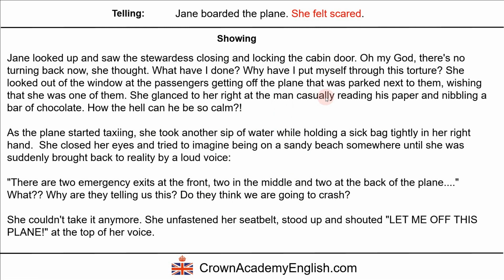I think we can really visualize Jane on the plane here in a complete panic attack, basically. Whereas this version, there is no drama really at all, is there? We're just simply saying she felt scared. And even if we said she felt terrified, then it doesn't really give us an experience of the story.